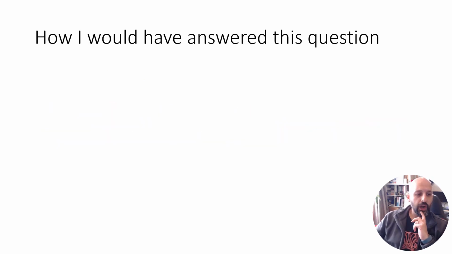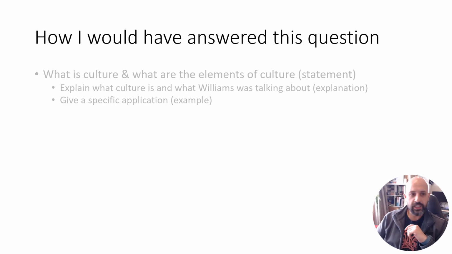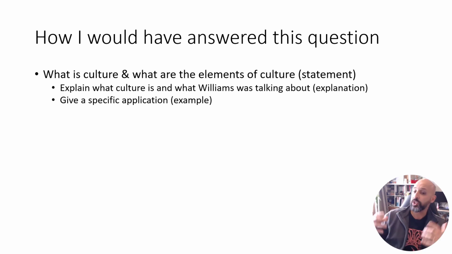Okay, so I would have started by putting together a structure where I start with answering some really basic definitions to start with. What is culture and what are the elements of culture? That's a statement. So culture is made up of multiple different aspects: language, upbringing, experience, food. All these different things come together to form culture.